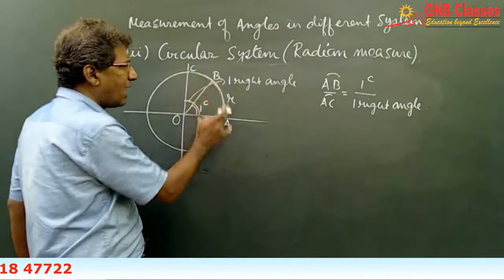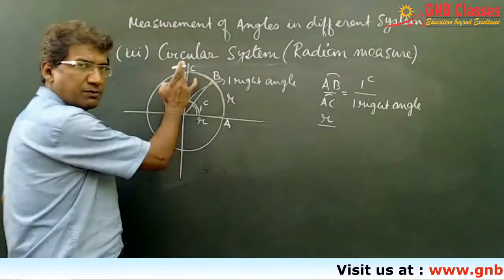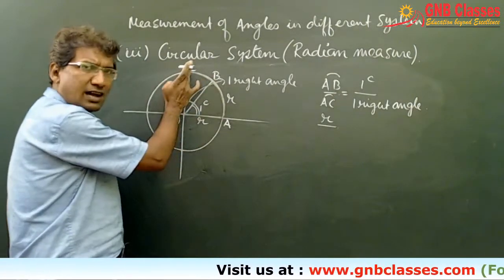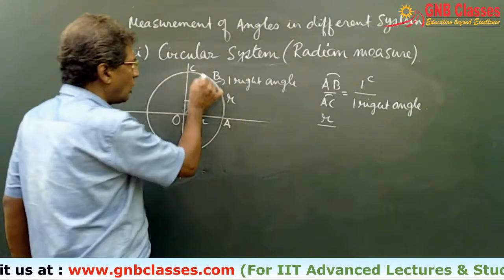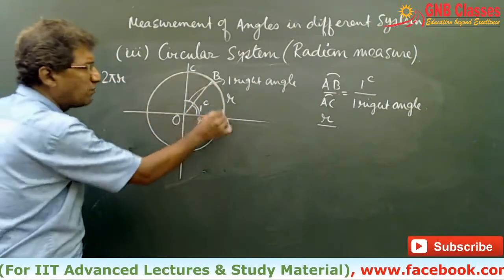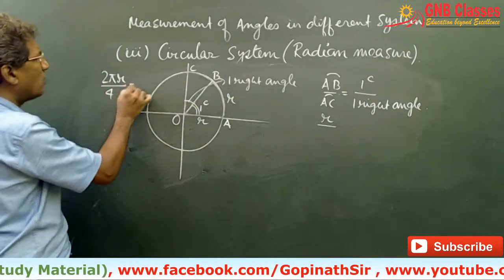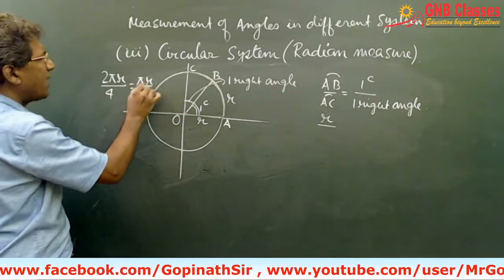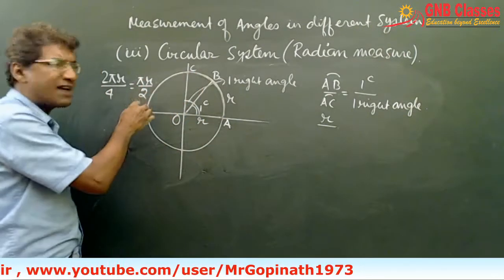Now, what is the length of the arc AB? This is r. What about AC? What is the length of this arc? The whole circumference is 2 pi r, and this is 1/4 of the circumference. So it will be pi r by 2. So the length of the arc AC is pi r by 2.